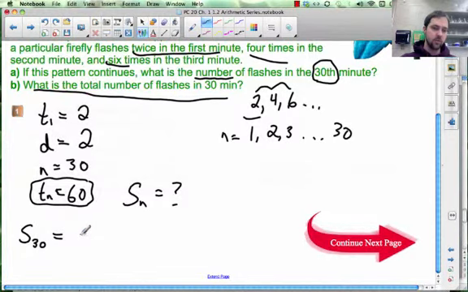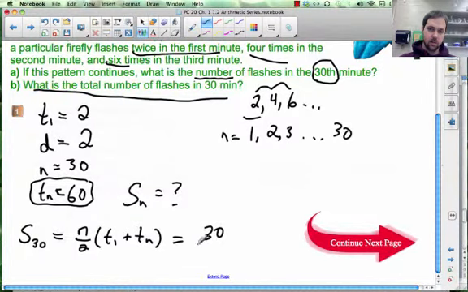So we can use the simplified version of our formula, which looks like n over 2 multiplied by T1 plus Tn. So in this case, n is 30, we're looking for the 30th term, over 2 times T1, which is 2, plus T30, which is 60.